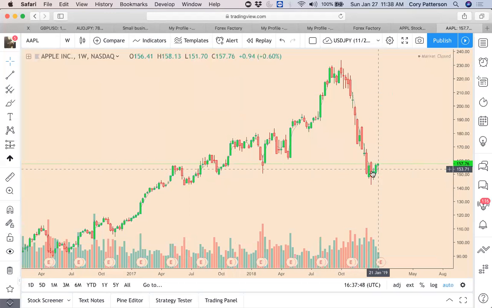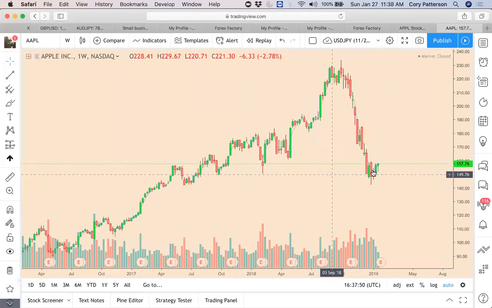The reason it's at this point is that we had a level of rejection at support here, another support rejection here, and a break of this support right here. So this is a strong area to consider right now.